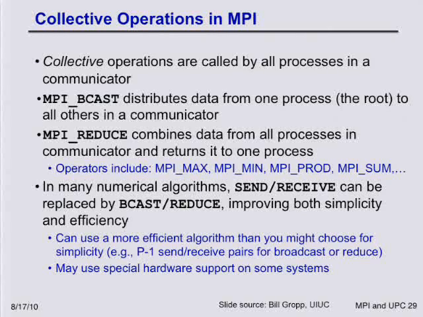Now that said, it's not always the case that the collectives are more highly optimized than send and receive. But typically you want to try to use those higher level constructs. It makes your code more readable, and usually it'll make it run faster. But sometimes you'll find non-scalable parts of an MPI implementation, especially if you run on something more like an Ethernet cluster without an MPI implementation that's specifically tuned for that architecture.